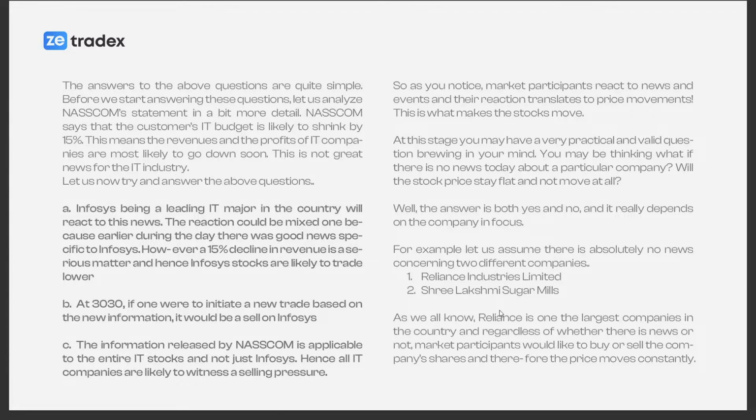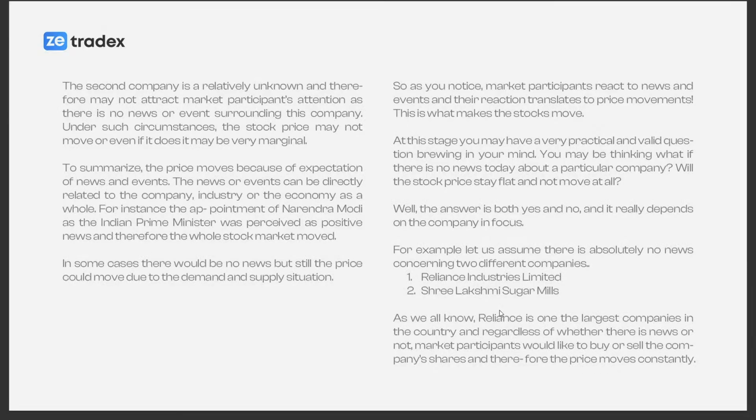Next page. The second company is relatively unknown and therefore may not attract market participants' attention, as there is no news or events surrounding this company. Under such circumstances, the stock price may not move, or even if it does, it may be very marginal.